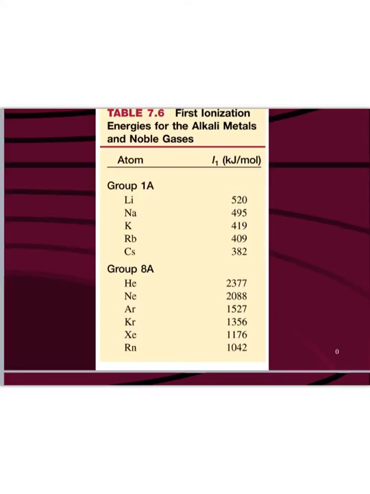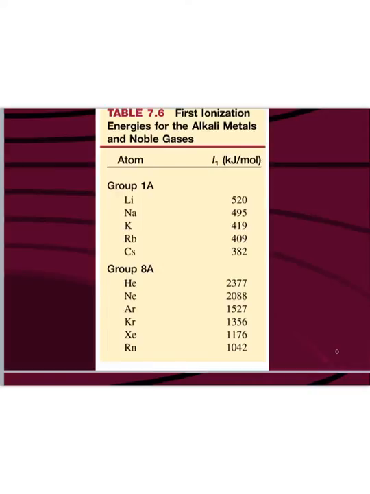This table is just showing you the ionization energies of the alkali metals and the noble gases. So you can see going down the group, even going down this group, ionization energy decreases. Remember, DI going down, okay?